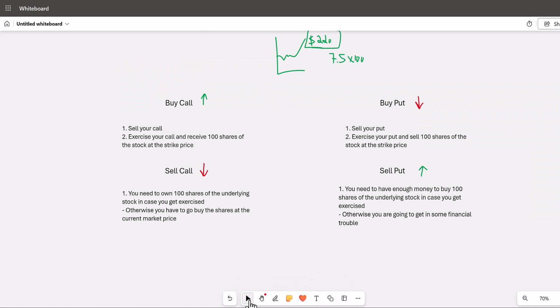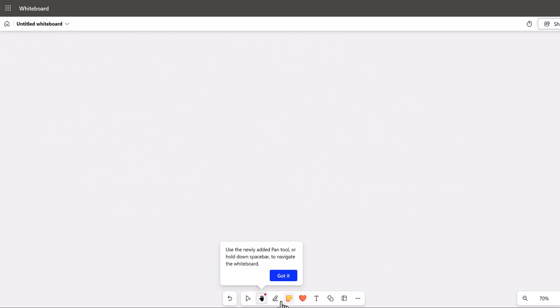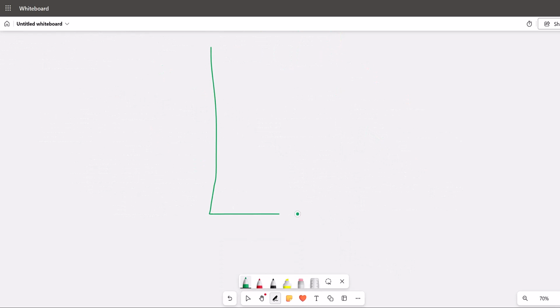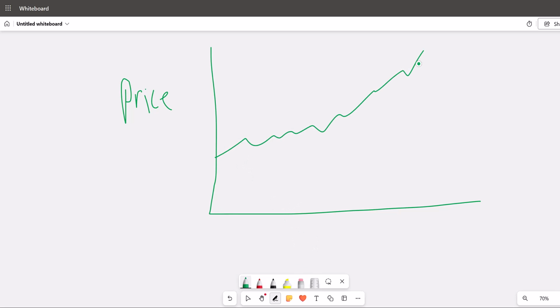Let me actually just drag myself around so I can redo this. Okay. Here's a big chart. Price. And this is the stock. Okay. Went to 220. This is you bought a call.